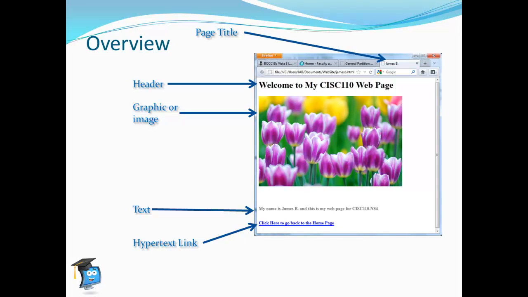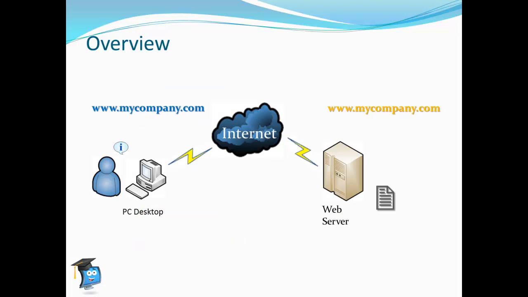We'll show how that works and how that gets set up in class. Again, going back to our example, we start with the user on the left-hand side, where the user is going to take the URL or the domain name and enter it into their browser.